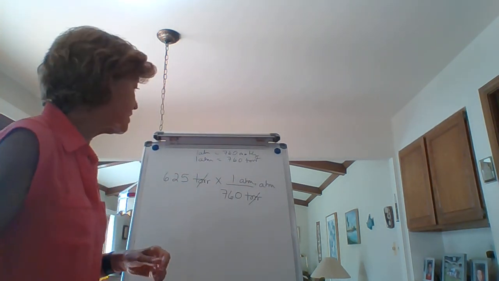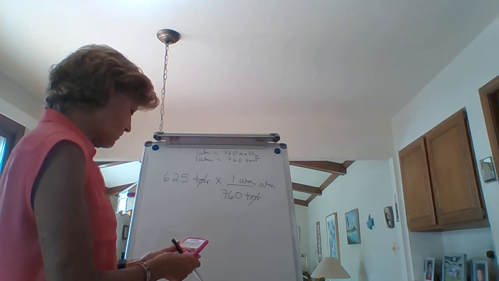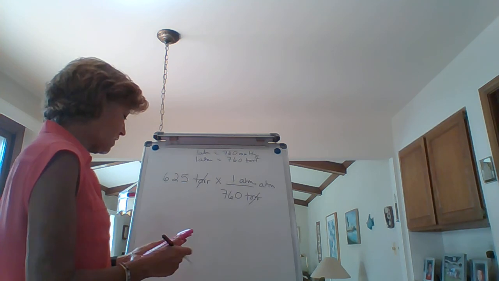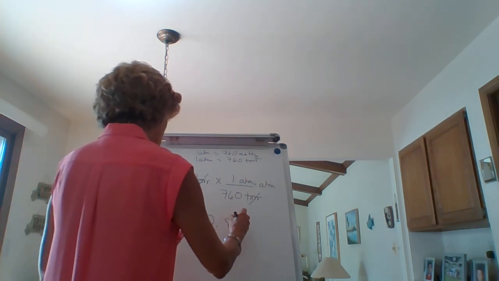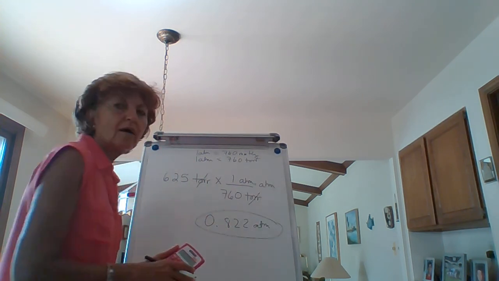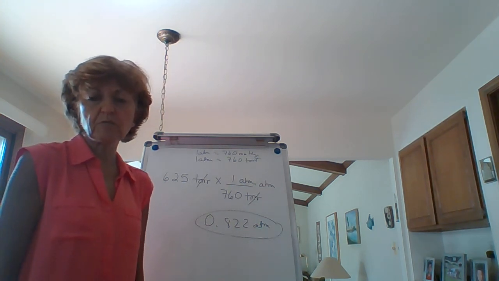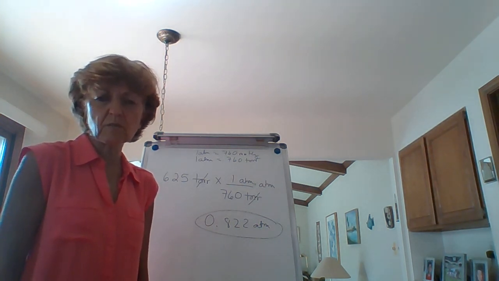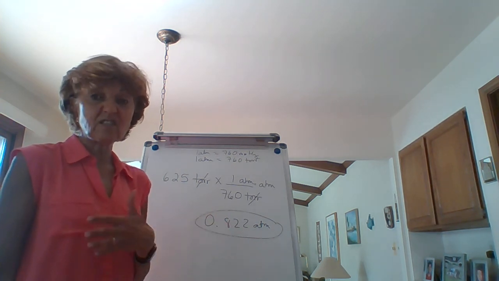So get your calculators. 625 divided by 760, and you've got, to 3 sig figs, 0.822 atmospheres. Okay? Again, converting from one pressure unit to another should be super easy at this stage of the semester because you've used dimensional analysis for so many more difficult things.